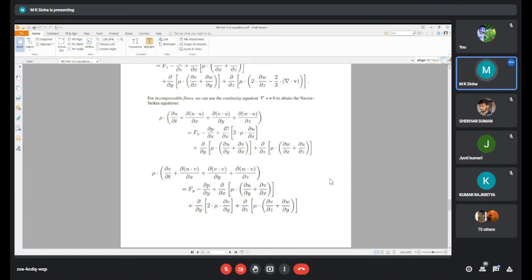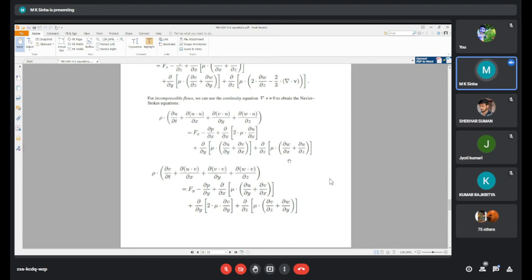See here, two terms, that is del by del x of 2 mu del u by del x, which gives del 2u by del x square, and these terms will come out two times. See here, you have to do some exercise, then you can make this equation in the generalized form.